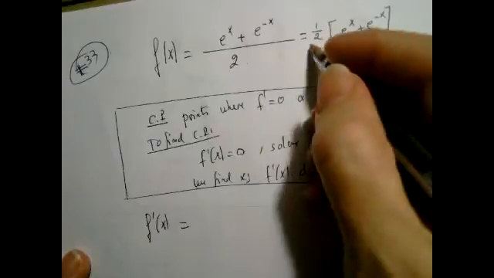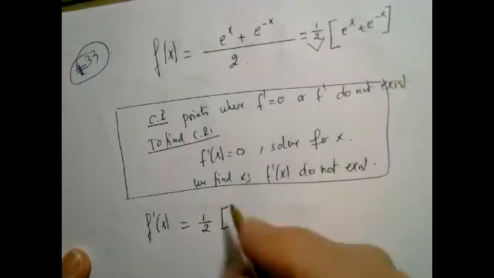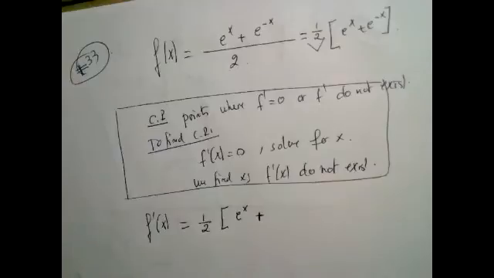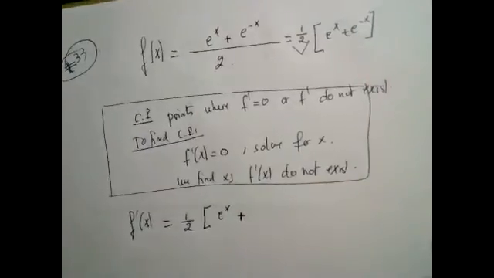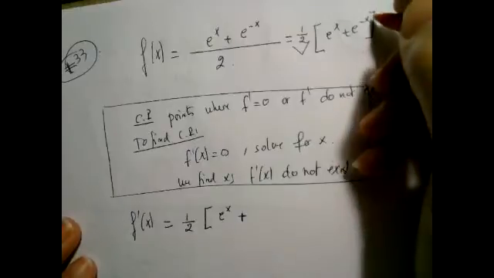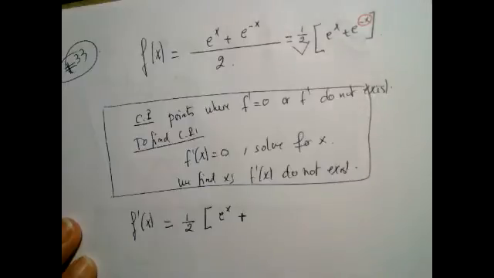So now the derivative: a half is a constant. Derivative of e to the x is e to the x, plus what's the derivative of e to the minus x? Here it's not e to the x, it's e to the minus x. I have an inside function, which is minus x.